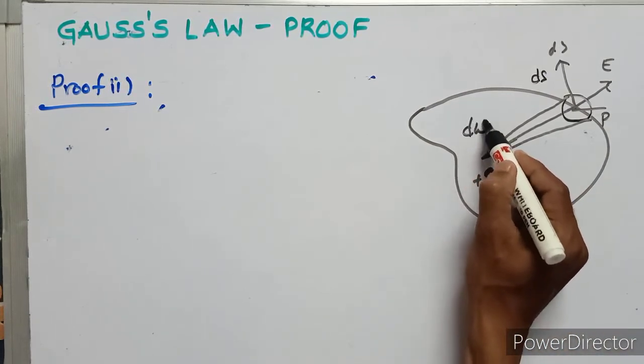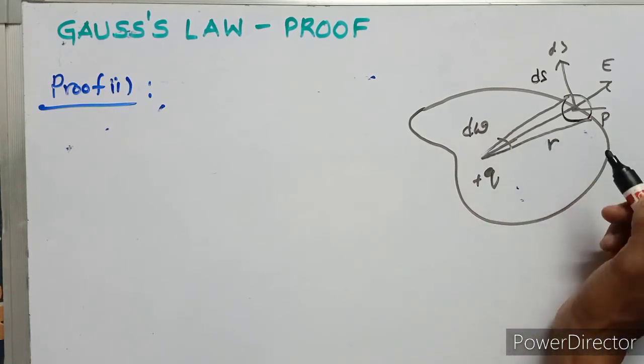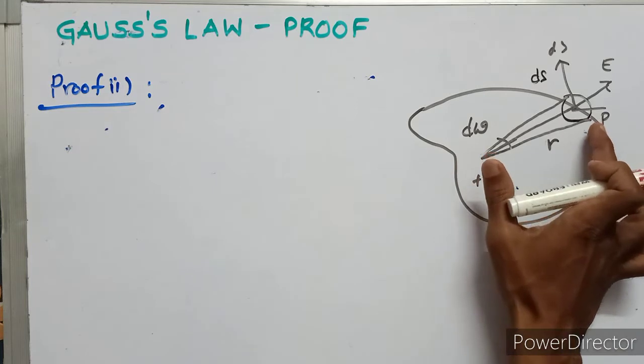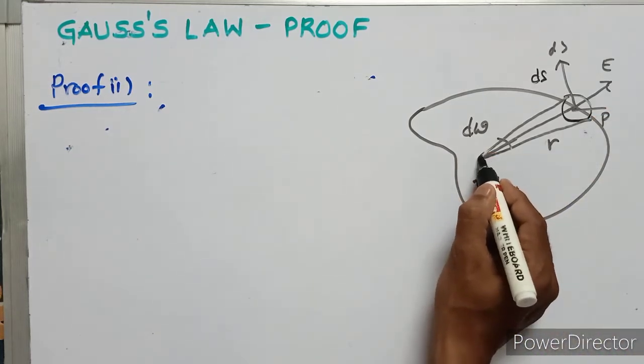This solid angle is denoted as d omega. This is the small r, the distance to the point P.